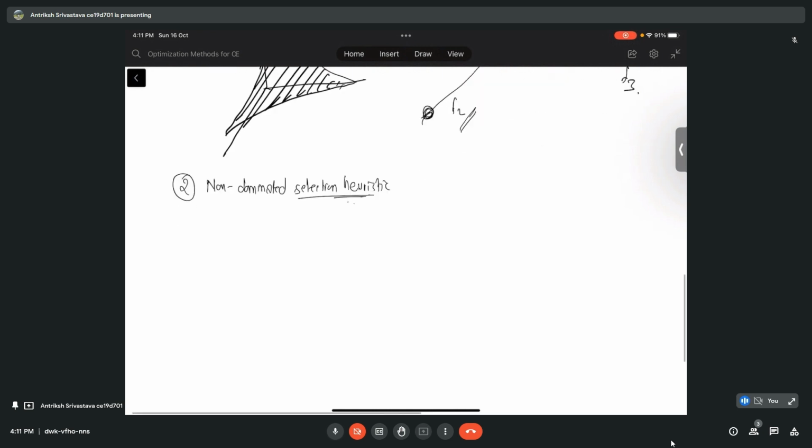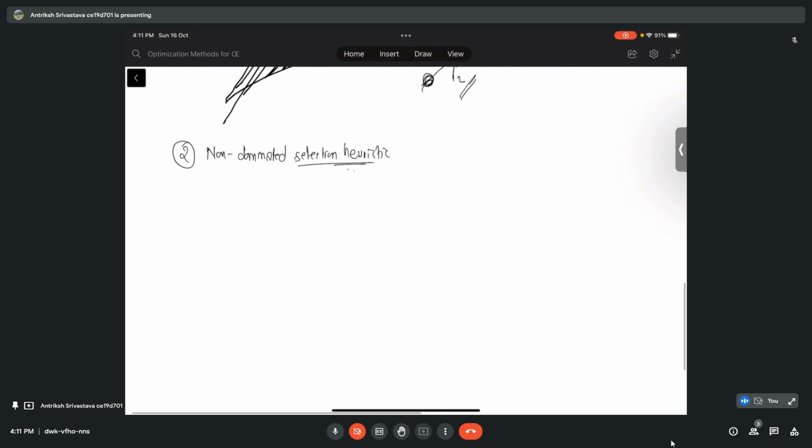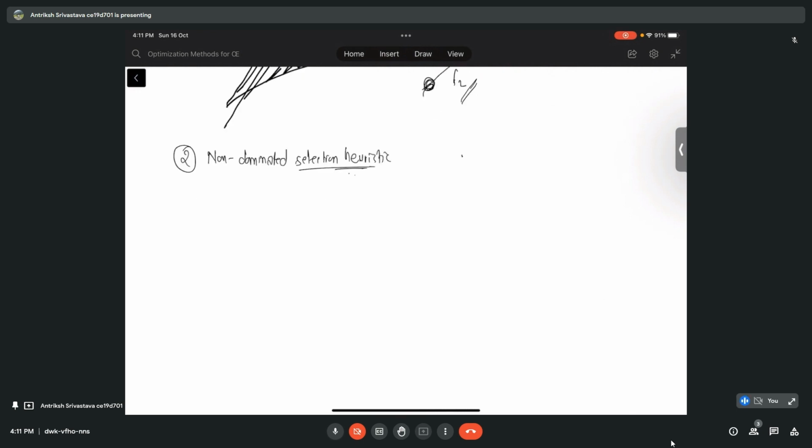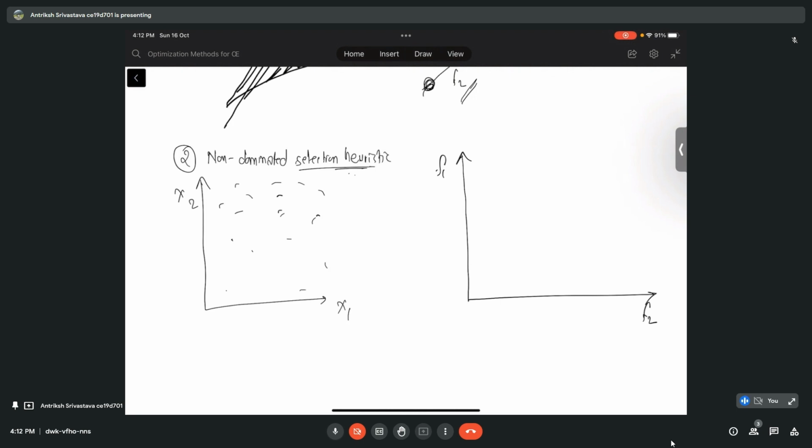So we want a Pareto optimal front. To get that, what do we need to do? Let's consider two objective functions f1, f2, and two variables x1, x2, randomly oriented in the domain in which we are going to do the optimization.